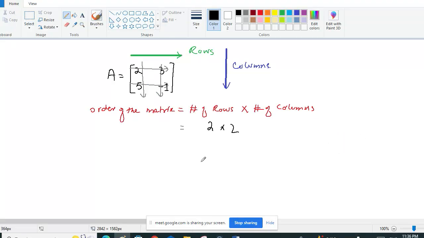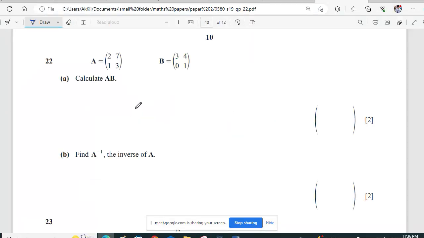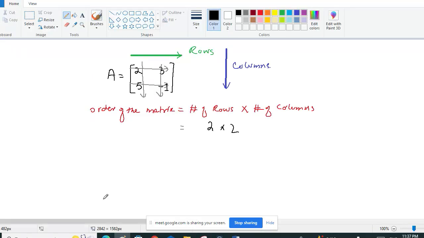The A matrix has the order 2 by 2 and the B matrix has the order 2 by 2. Always remember that for the multiplication to be possible, the middle two values must match each other. Here these values are matching, so the multiplication is possible. How to proceed with this multiplication is a separate story. Let me explain it over here.